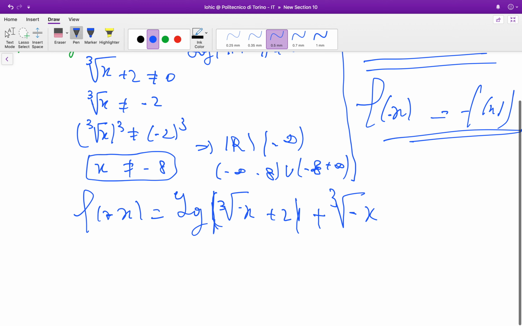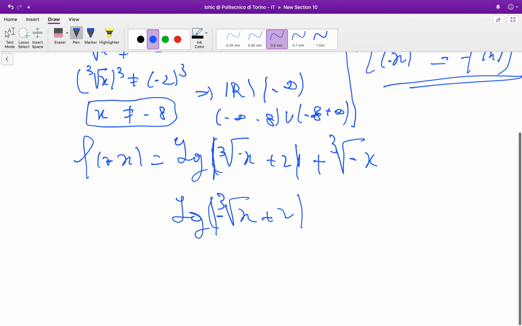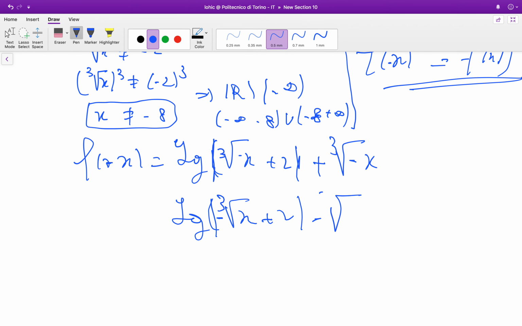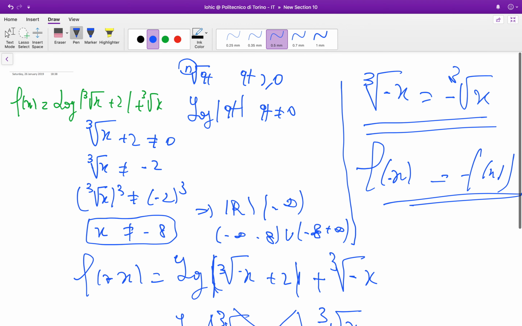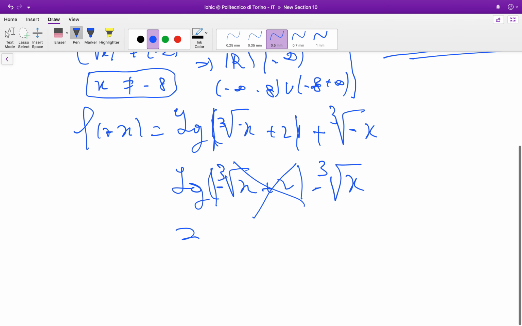Here you will say, okay, good, it is the logarithm of minus the cubic root of x plus 2, then minus the cubic root of x, but this is not minus f of x, so the function is not even, it's not odd.